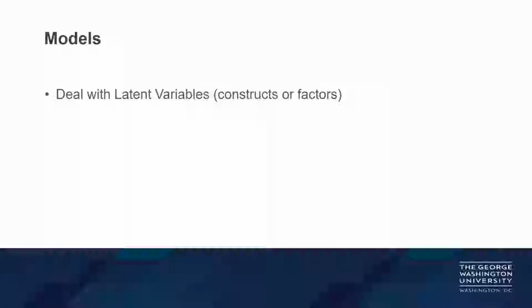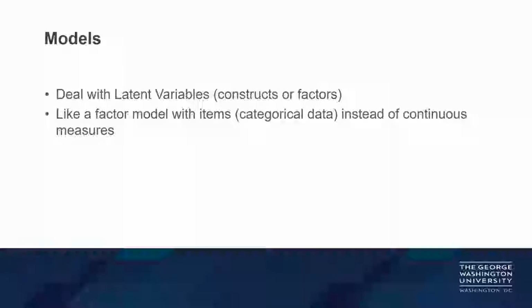When discussing our models in item response theory, we're dealing with latent variables or constructs. We can think of them as factors from a factor analysis model. But now, instead of a continuous measure as our manifest variables, we have items, which are categorical. True score theory, when we think about that as a model, is at the test level.